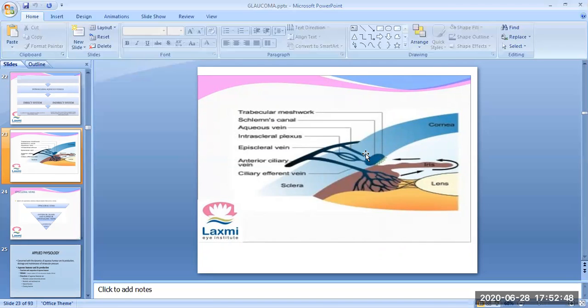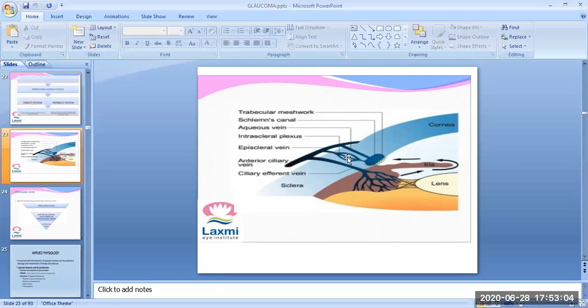This is the aqueous vein. This is the trabeculum major. From that it will go through the aqueous vein. This is the direct system.